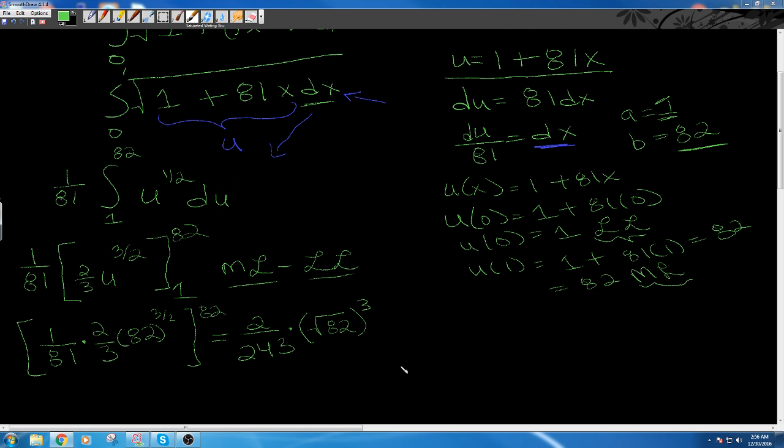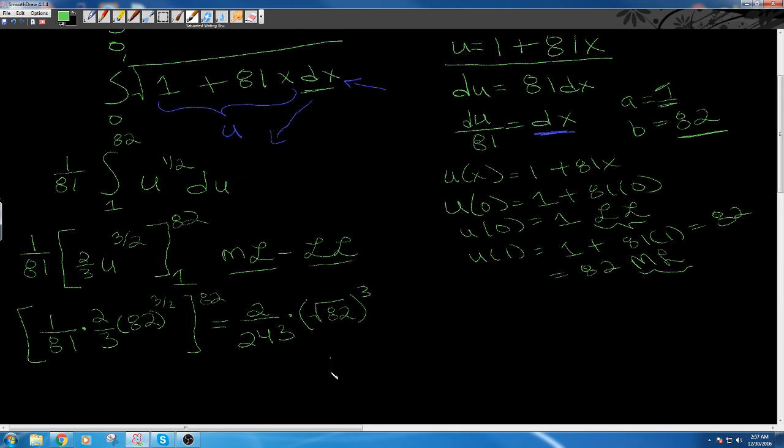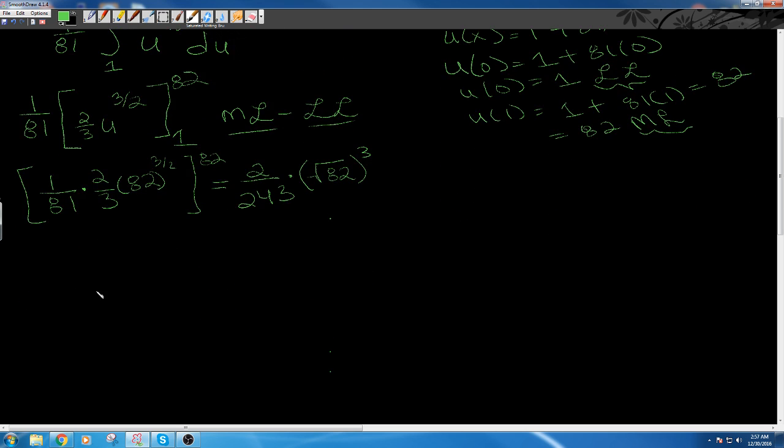So then what we're going to do is remember that 82 to the 3/2 is the same as the square root of 82 raised to the 3rd. I know that messes with some people. So we've taken the maximum limit. Now let's take the lower limit.